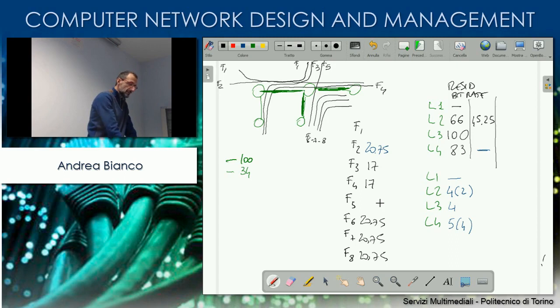This 20.75 is because this link saturates, and the flows that can increase their rate on link 4 are 2, 6, 7, and 8, 4 flows. So they are going to be assigned this value divided by 4.